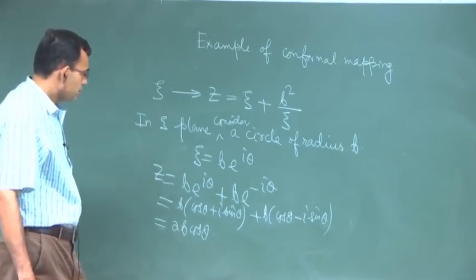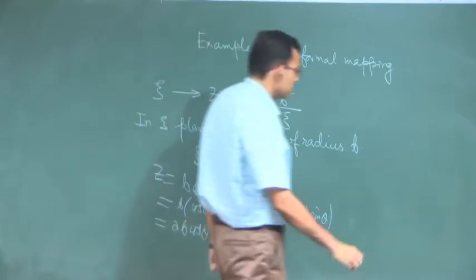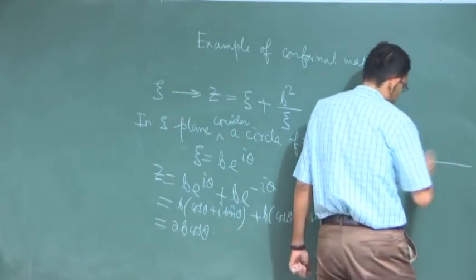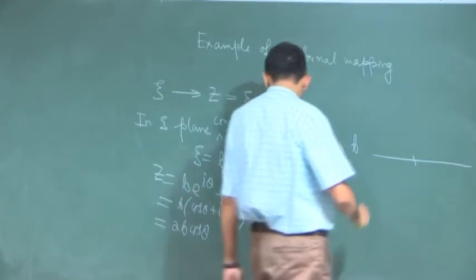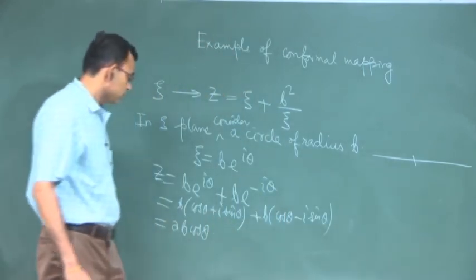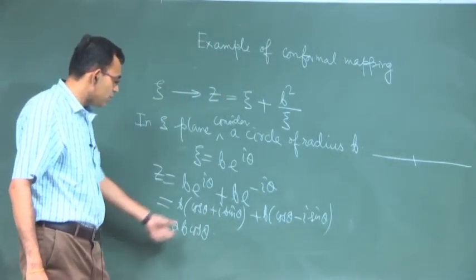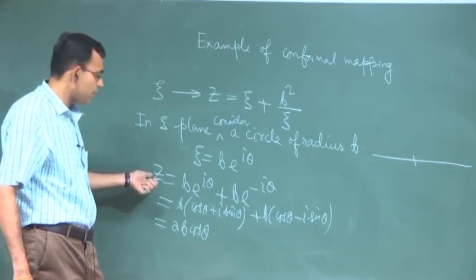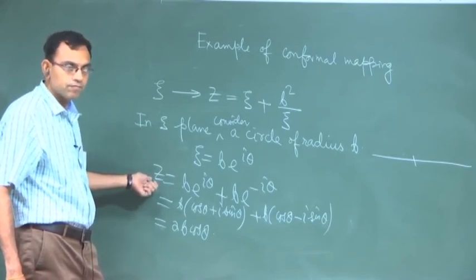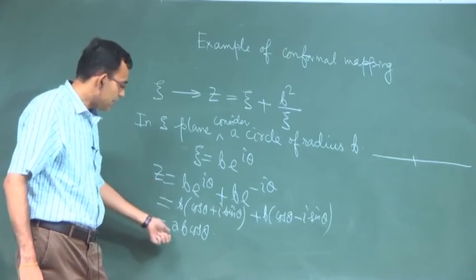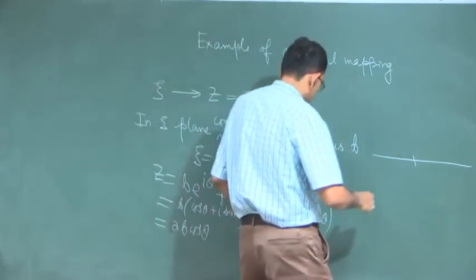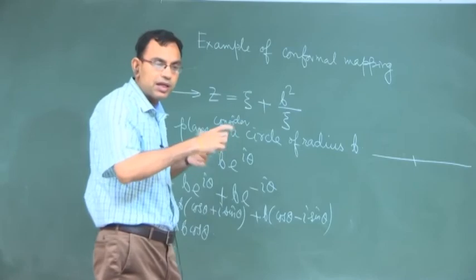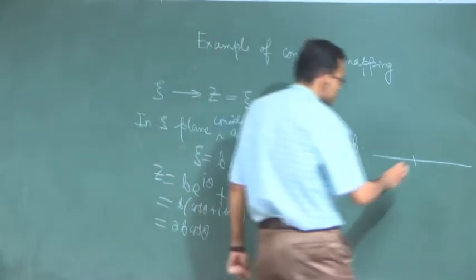Now you take the x axis. When theta is equal to 0, what is the corresponding z? z is 2b, which is basically only a real component, there is no imaginary component.